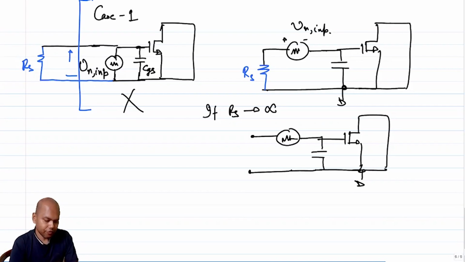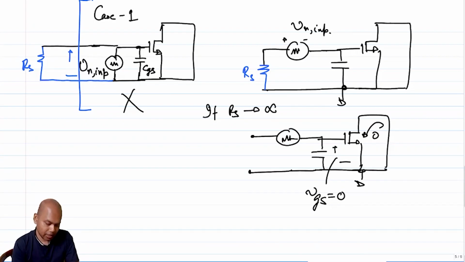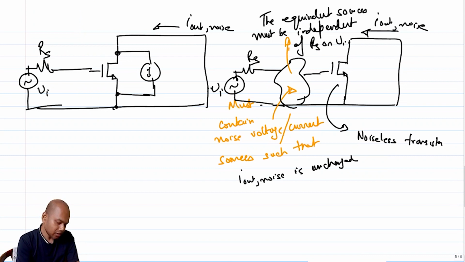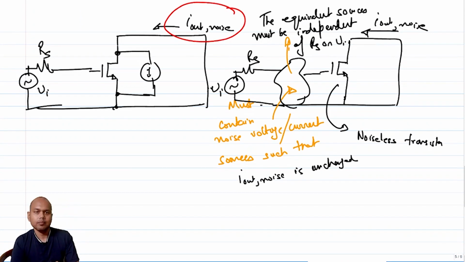Okay, so what is the VGS here? Incremental VGS. There is clearly no current across the capacitor, so the incremental VGS is 0. So what is the incremental current at the output? Incremental current is 0. But is that a correct representation? Clearly not, because I have an output noise current regardless of whether RS is infinite or not.